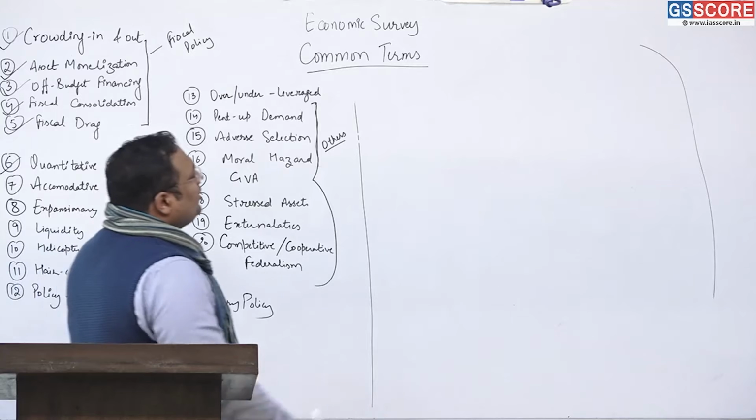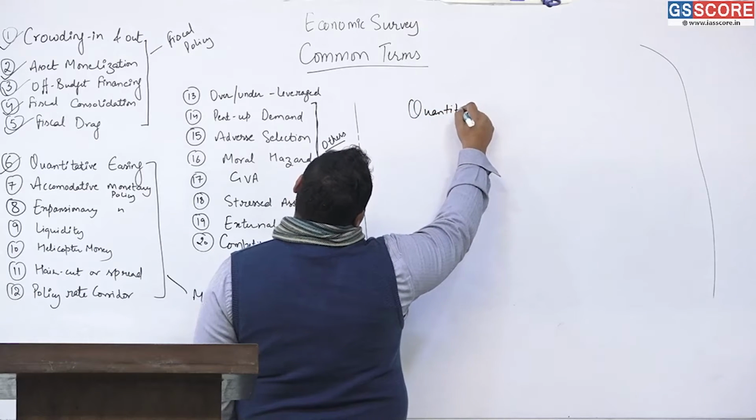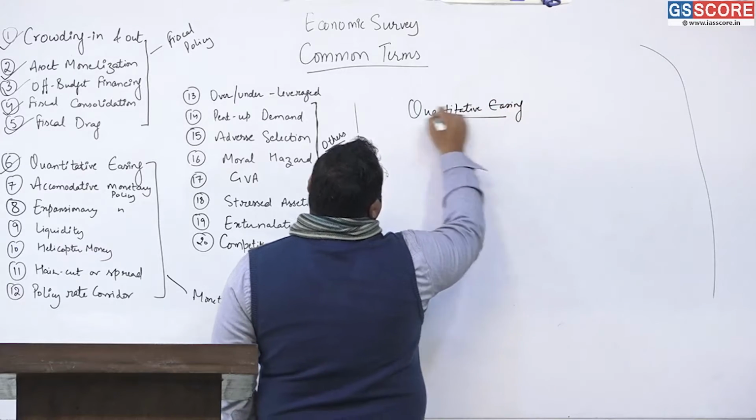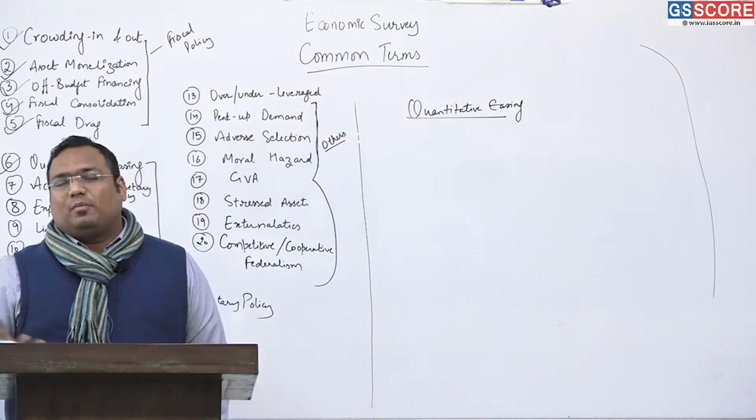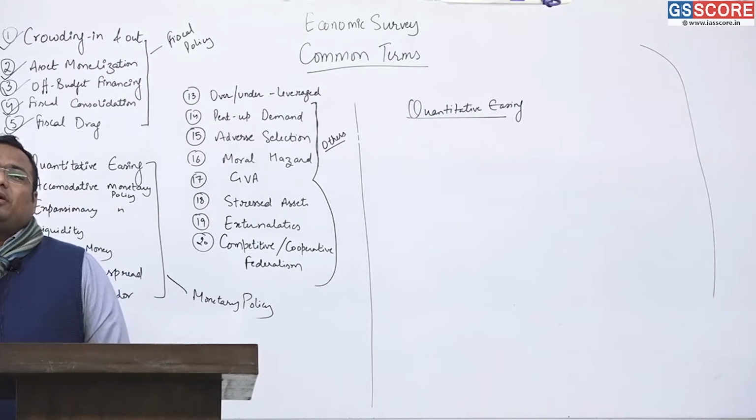Next term is quantitative easing. It's a very easy term. In fact, it is the term on which I will spend the least amount of time because this is so straightforward. So what is quantitative easing?